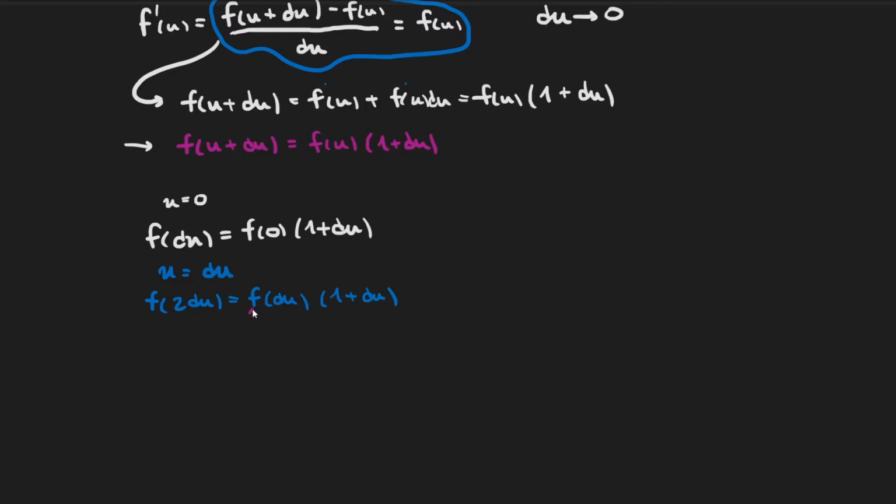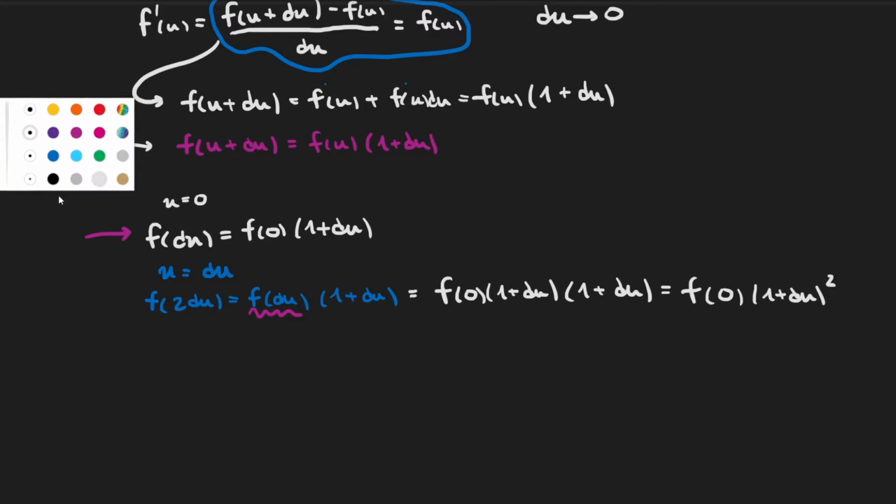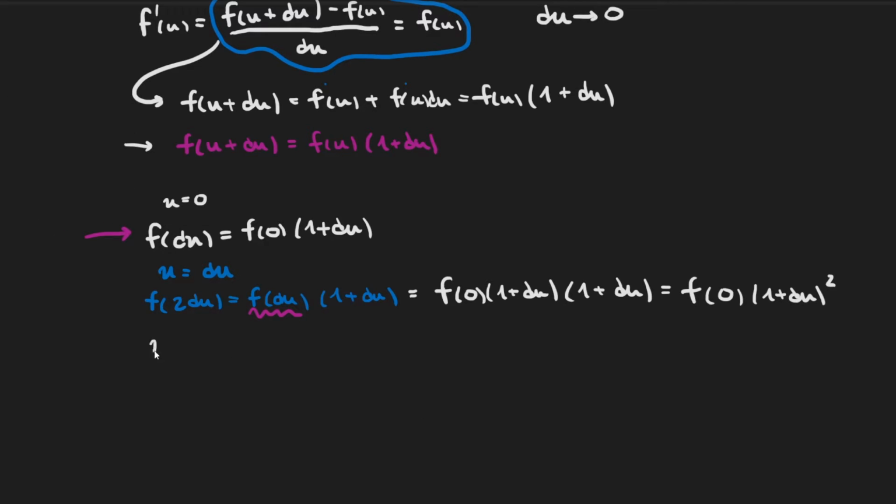Because we already know what f(dx) is, we can substitute for it, and we get f(0)(1 plus dx) times (1 plus dx). So it's basically just f(0)(1 plus dx) squared.